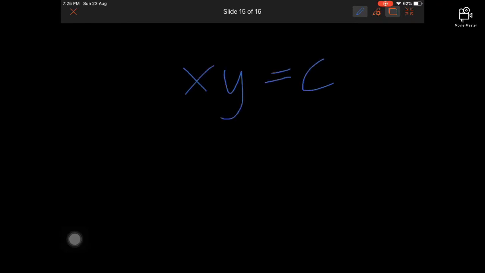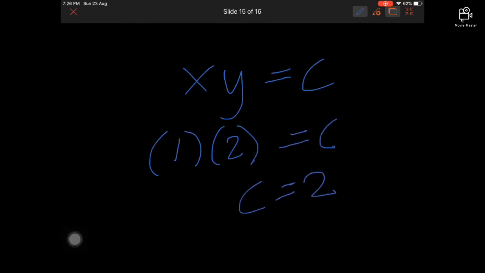If we substitute x, which is 1, and y, which is equal to 2, then c is equal to 2, so xy is equal to 2, and you have solved for a particular solution.